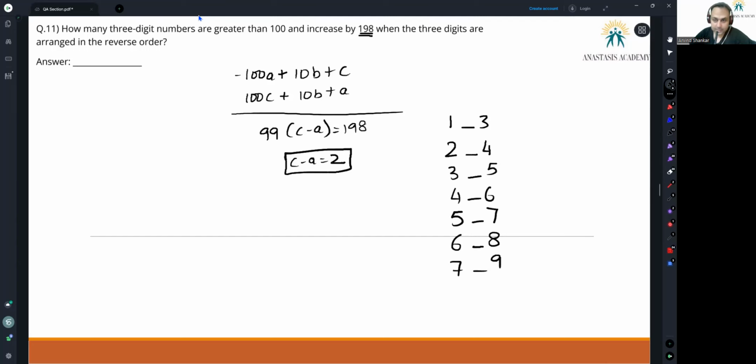But the fun thing is, in the middle spot, any of the 10 digits can come. There is no limitation for what B should be. So for each of these 7 cases, we get 10 such numbers, 0 to 9. So altogether, we get 70 numbers.